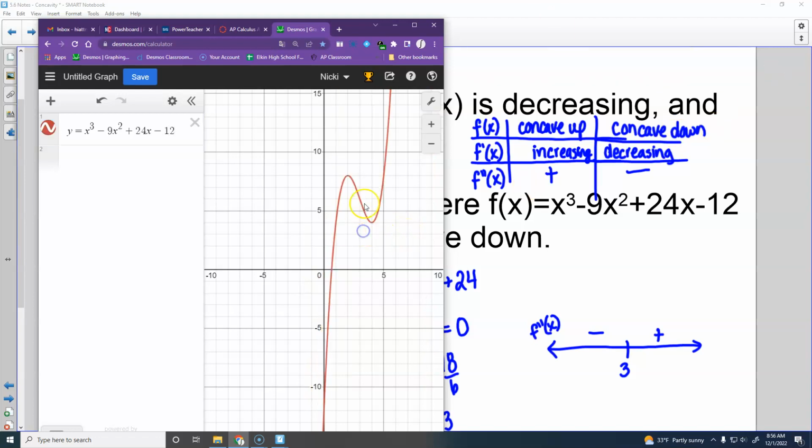And so, if I put in x equals 3, it splits our graph right here. You can see we're concave down right here, and then it switches to concave up.